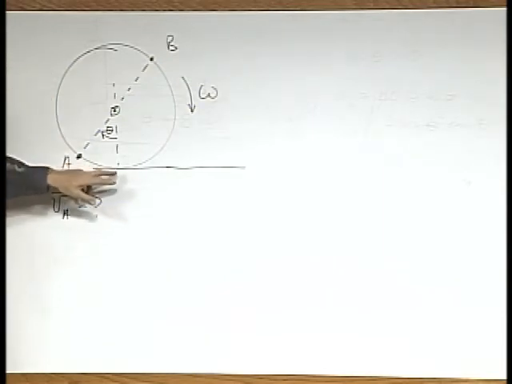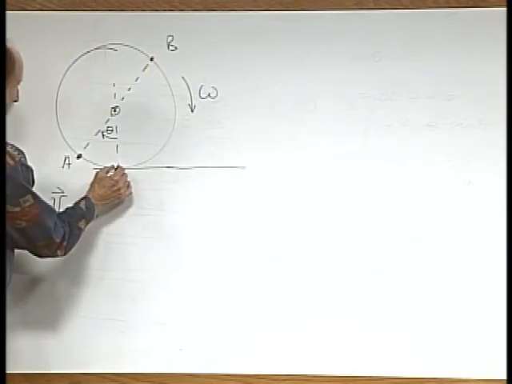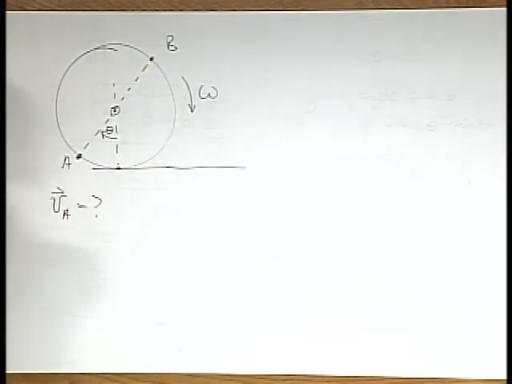It's not slipping, so this is a momentary point at rest. We're trying to find the velocity of point A in terms of theta, not using absolute motion analysis, but using this vector approach.